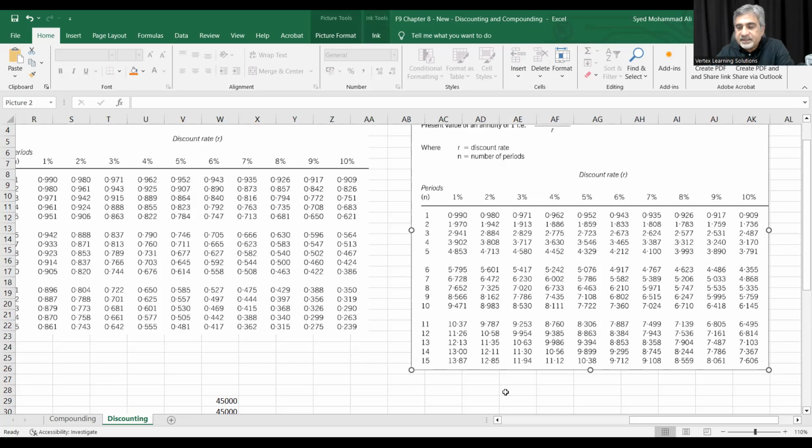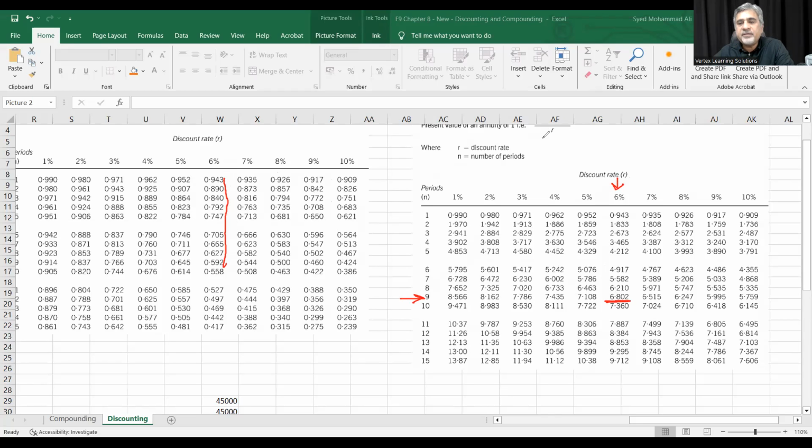It says very clearly here that in front of the 9th year and 6%, the number is 6.802. This 6.802 is actually the sum total of 9 factors: year 1, 2, 3, 4, 5, 6, 7, 8, and 9. You make a total of these 9 years, you get this number.